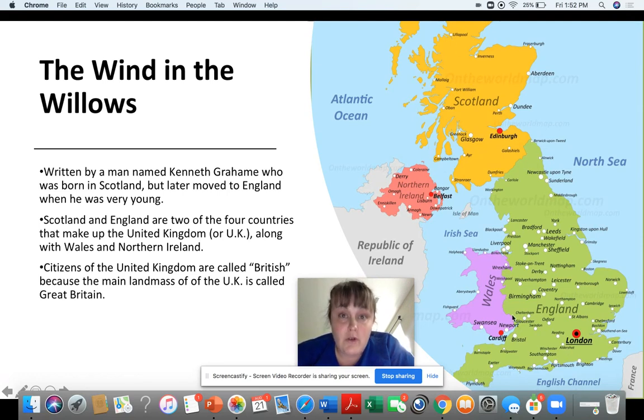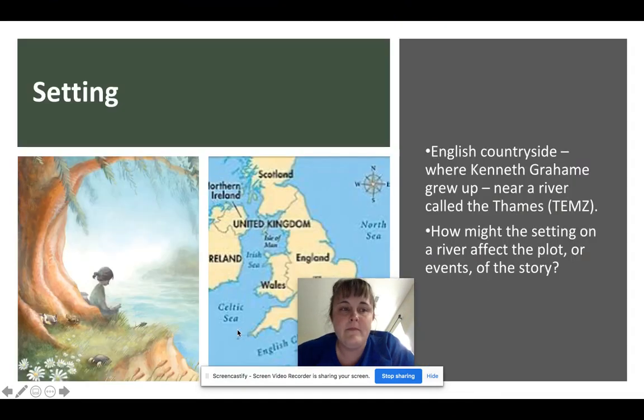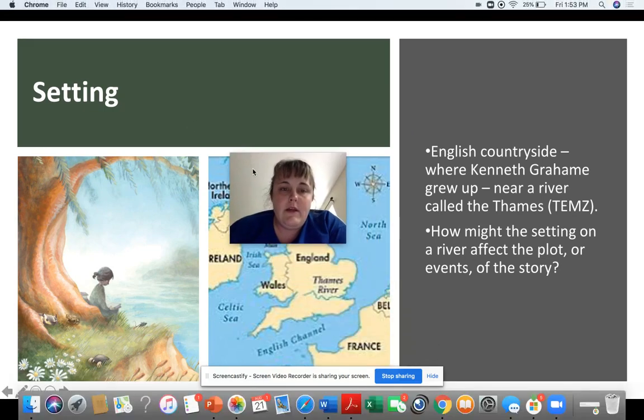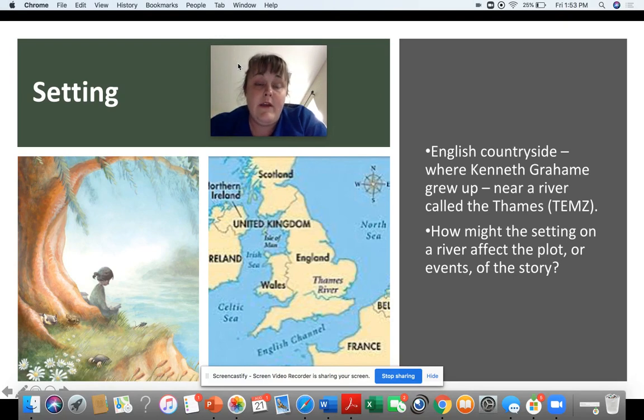And you might hear me talk like this throughout the read aloud because there's going to be some characters talking that are from Britain or from England, okay? Now, also, the setting of the story is heavily influenced by the author Kenneth Grahame's childhood, okay? The English countryside where Kenneth Grahame grew up near a river called the Thames River, all right?